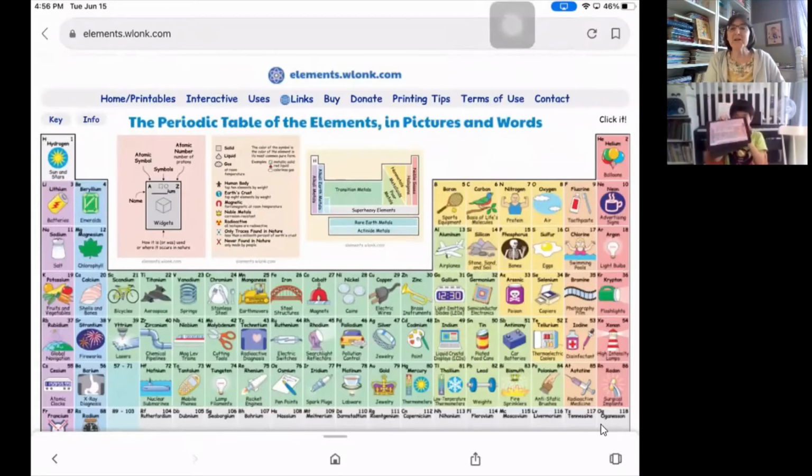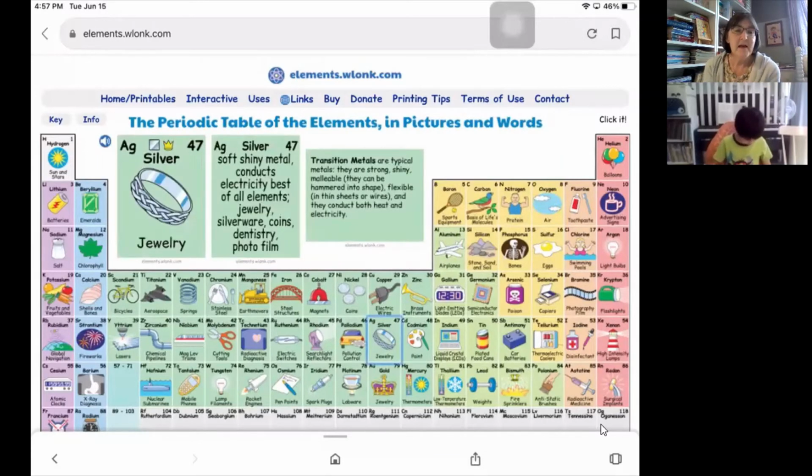Now how this works, Archie, is all you have to do is touch any one of those boxes, and then it will show you some information about it. For example, if you find the ring made out of silver, that's number 47. If I touch that, then it will tell me information about it. It will tell me that it's soft, shiny metal.